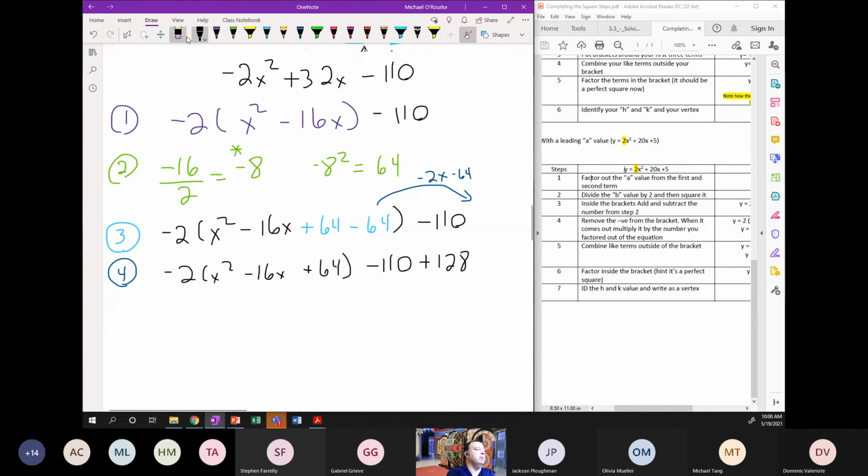Yes. Oops, I wrote that in the wrong color, and I'm writing over it. Plus 128.